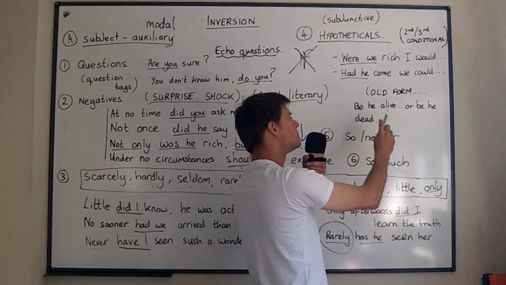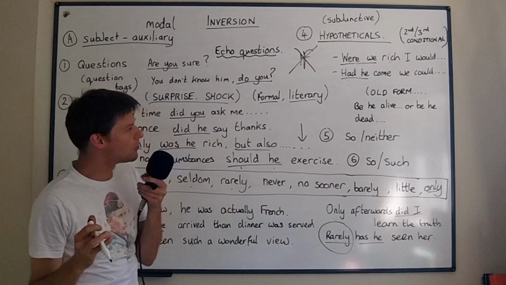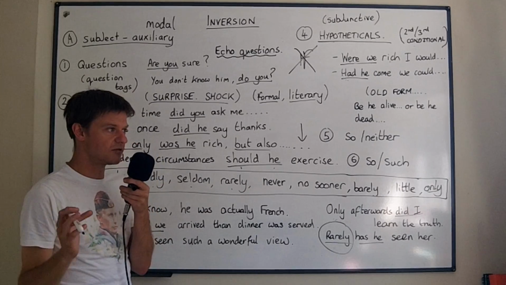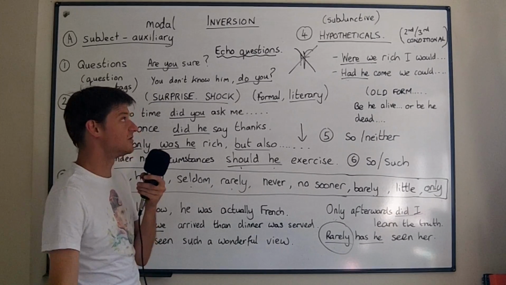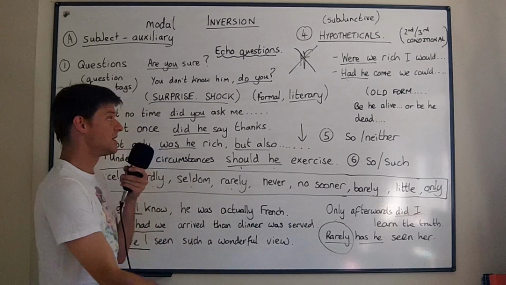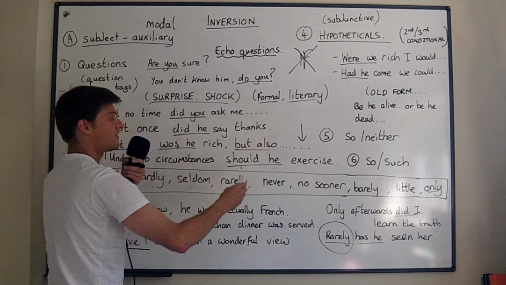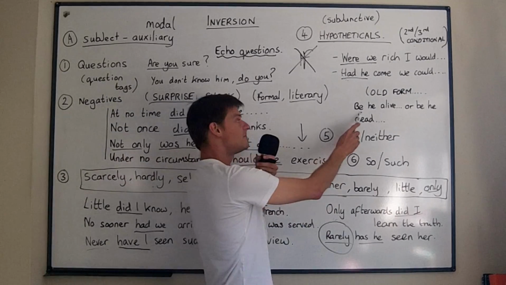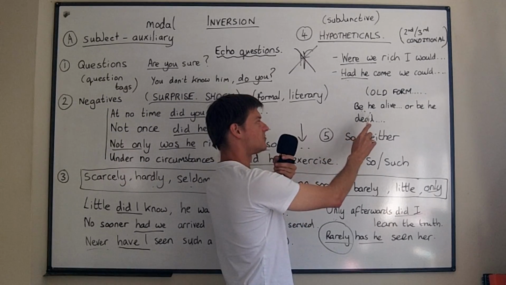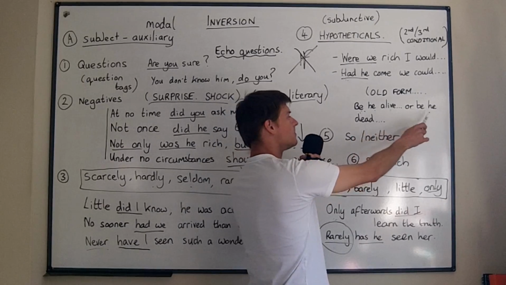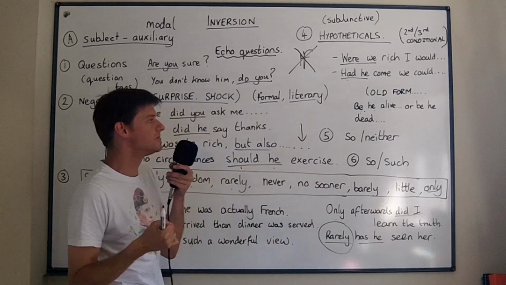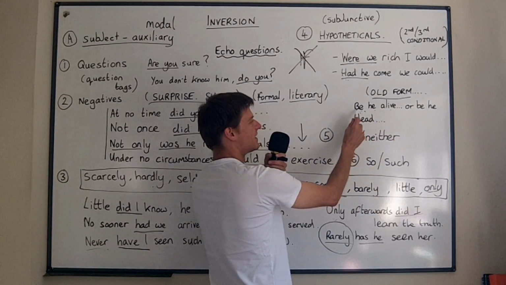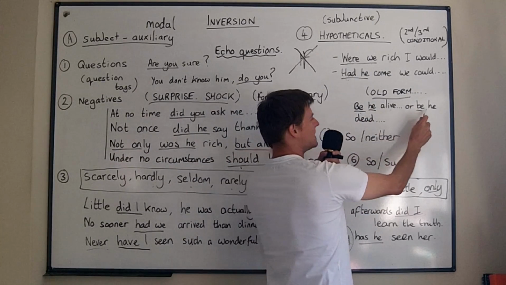I wrote up here an old form because I suddenly remembered an old nursery rhyme, and I think in the nursery rhymes and in some children's stories you often see these inversions because it's quite literary and it's expressing shock and surprise, and so you do see them. And I remember one of the fairy tales saying, be he alive or be he dead, I'll grind his bones to make my bread. This is a very old form of inversion, and I love the be he or be he.